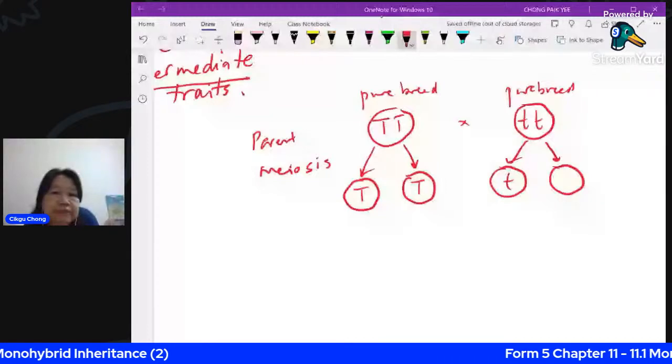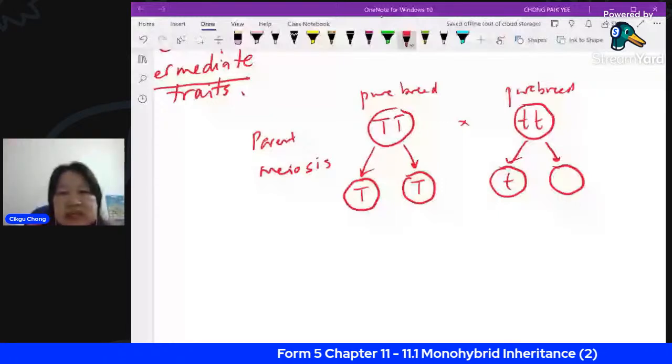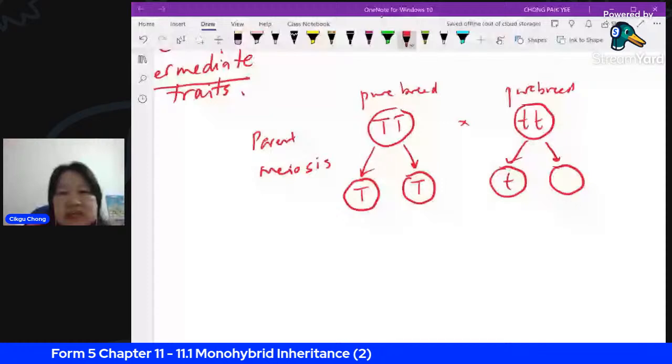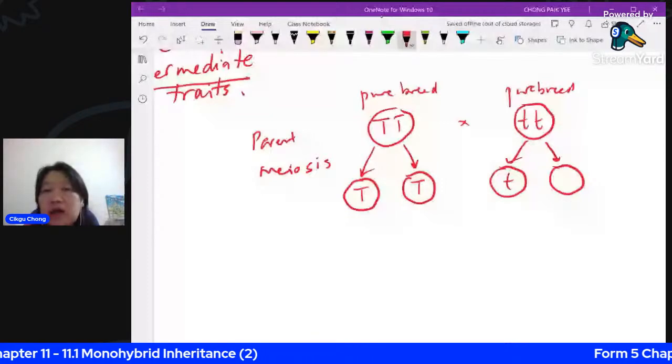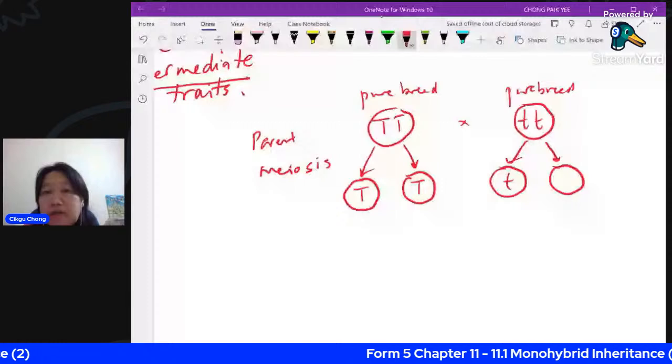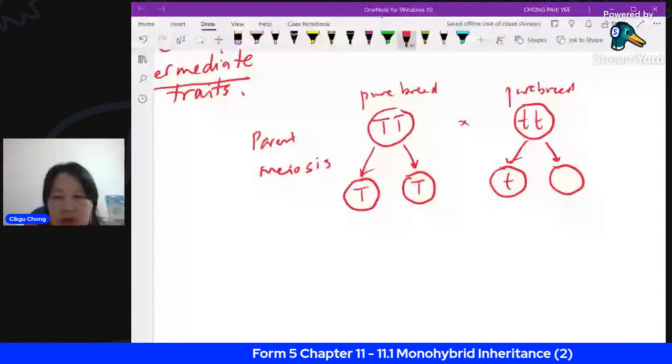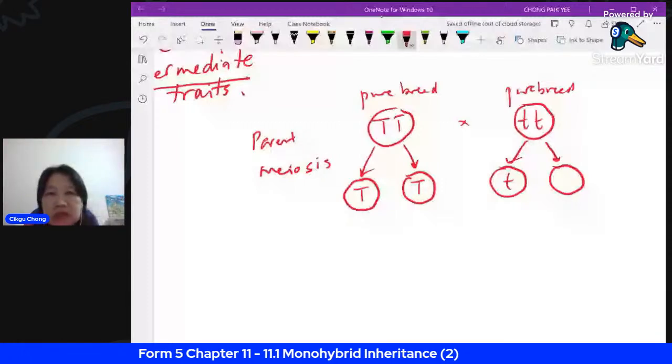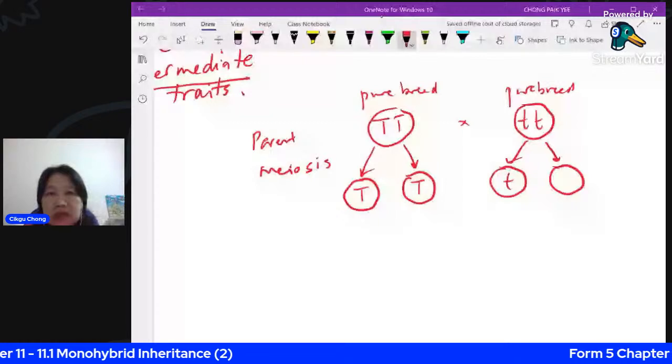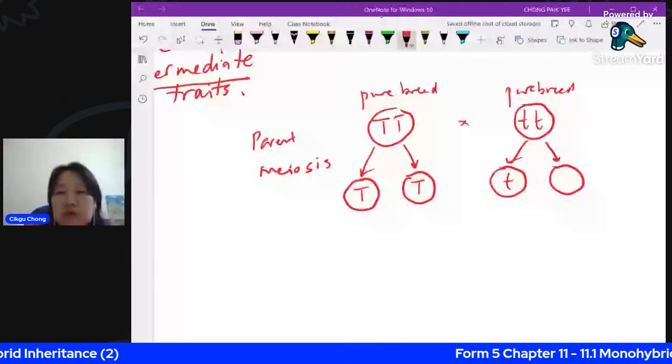Another possible combination is gamete 2, which can also combine with a female gamete, so you get another big T and small t. And 2 can also combine with 4. You will have this as well.